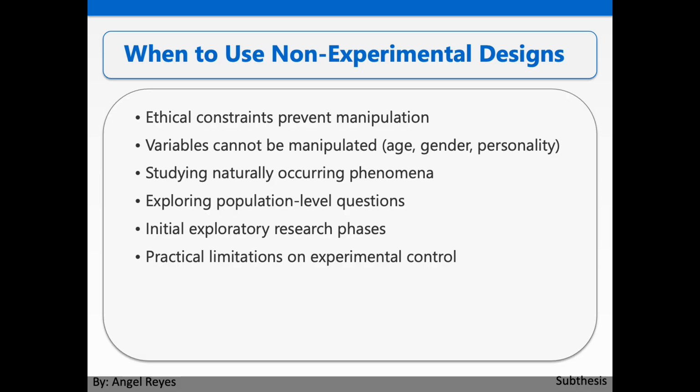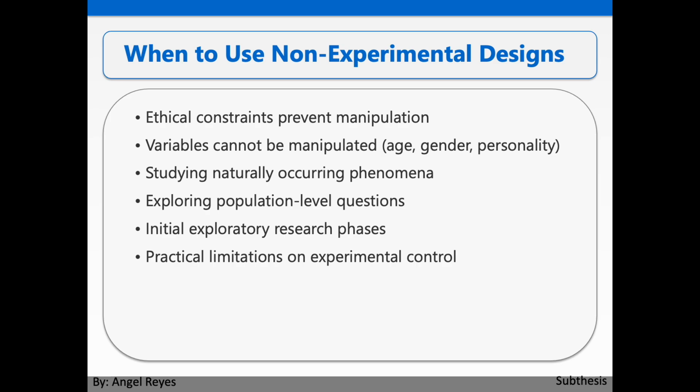Population-level questions often require non-experimental approaches. If you want to understand national trends, cross-cultural differences, or large-scale social phenomena, you need methods that can handle the scope and complexity of these questions.